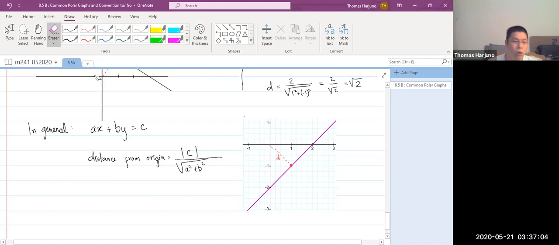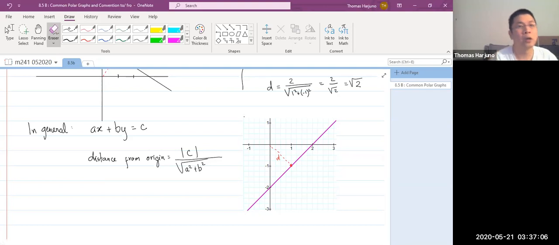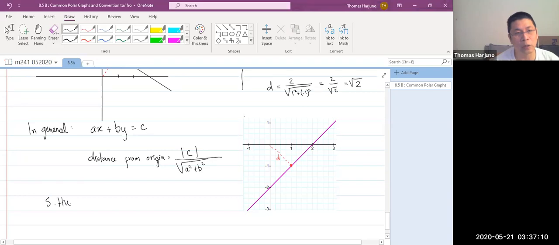I will just leave it here. What do you need to know from this section? It's just the homework. For 8.5b, you need to know how to do number 9 and number 11.